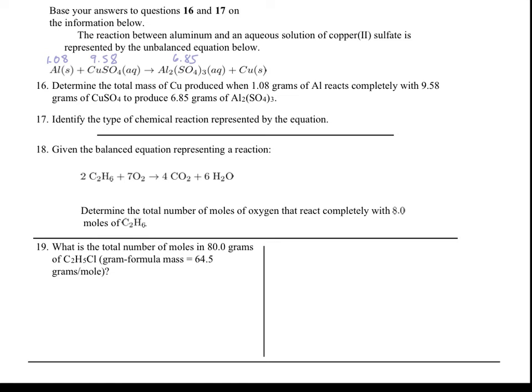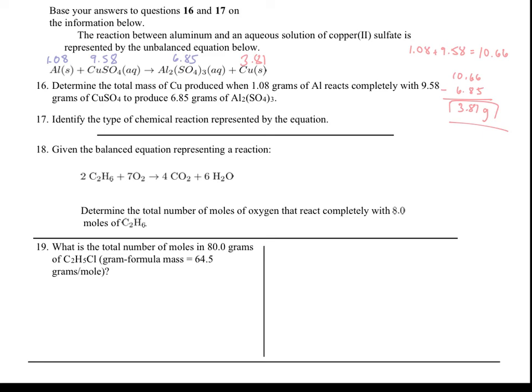On the left side, 1.08 plus 9.58 altogether gets us 10.66 grams. On the other side, we only have 6.85 as our known value, so 10.66 minus 6.85 will get us our answer. And that is 3.81 grams. That's our answer.